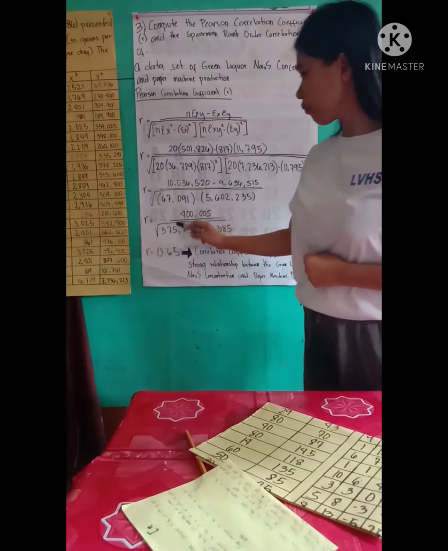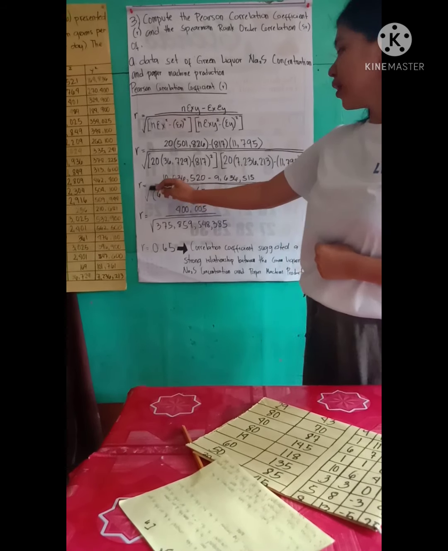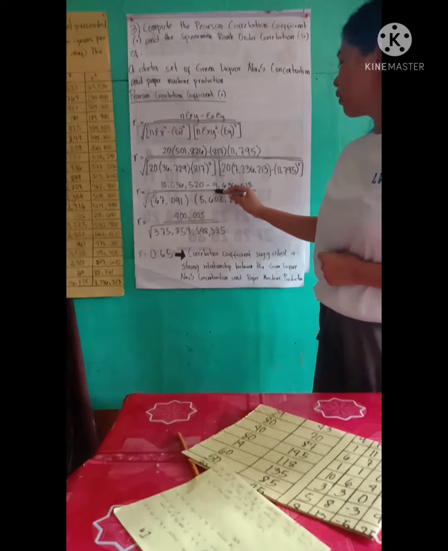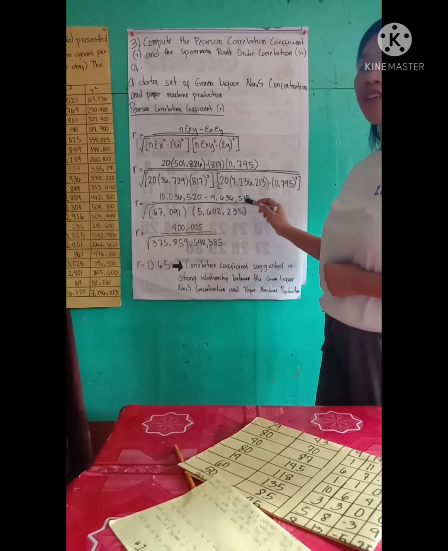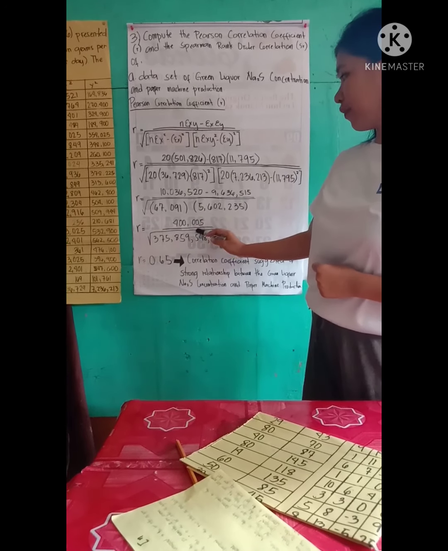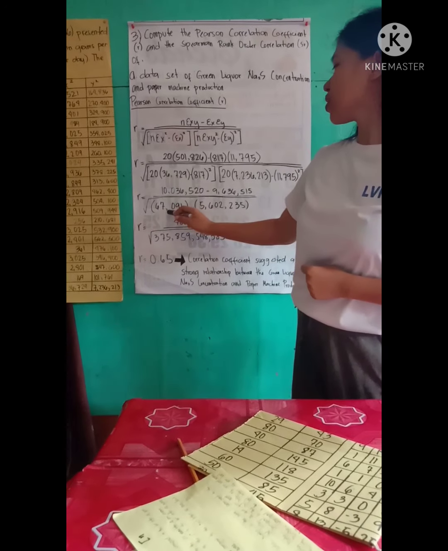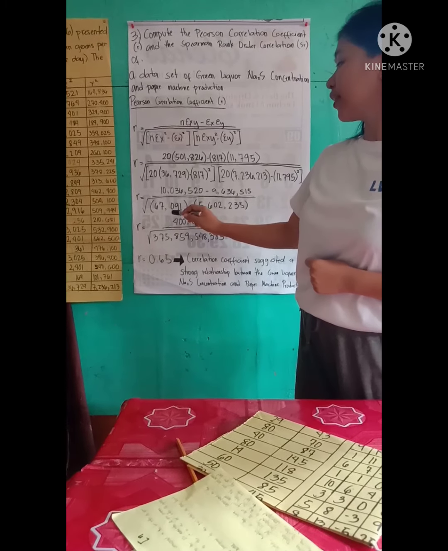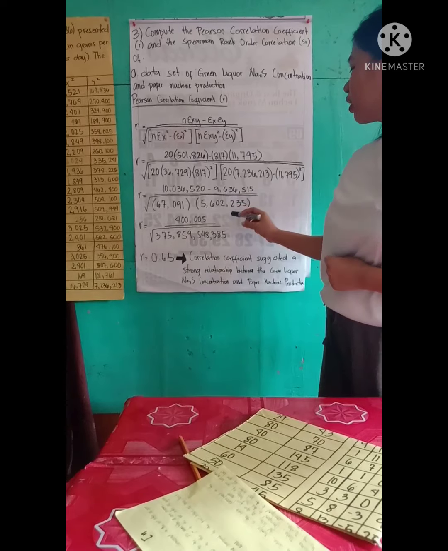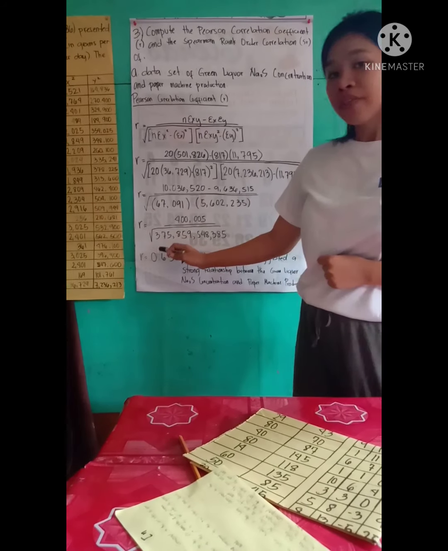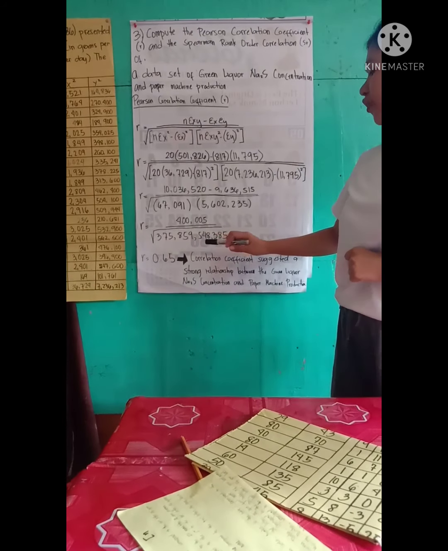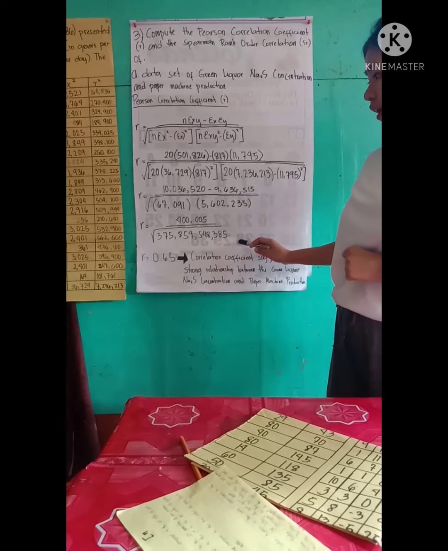5,602,235. So for R, 10,036,520 minus 9,636,515 is equal to 400,005. 67,091 times 5,602,235 is equal to 375,859,548,385.